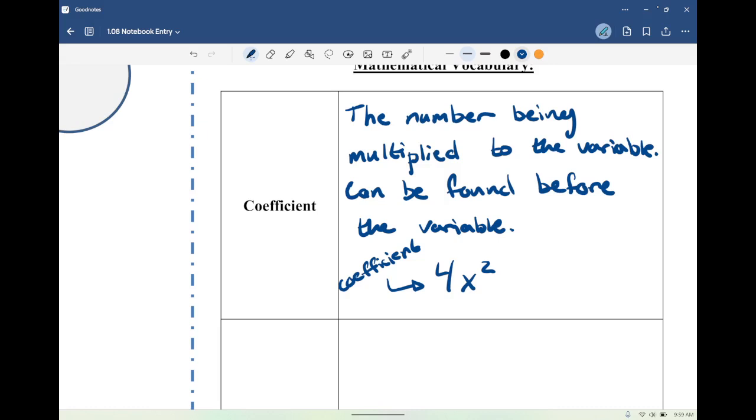My coefficient there is the 4. It's the number found in front of the variable, which is x. And then, not really mentioned here, but something I want you to annotate is that 2, that's our power. So we have our coefficient, variable, raised to a power.